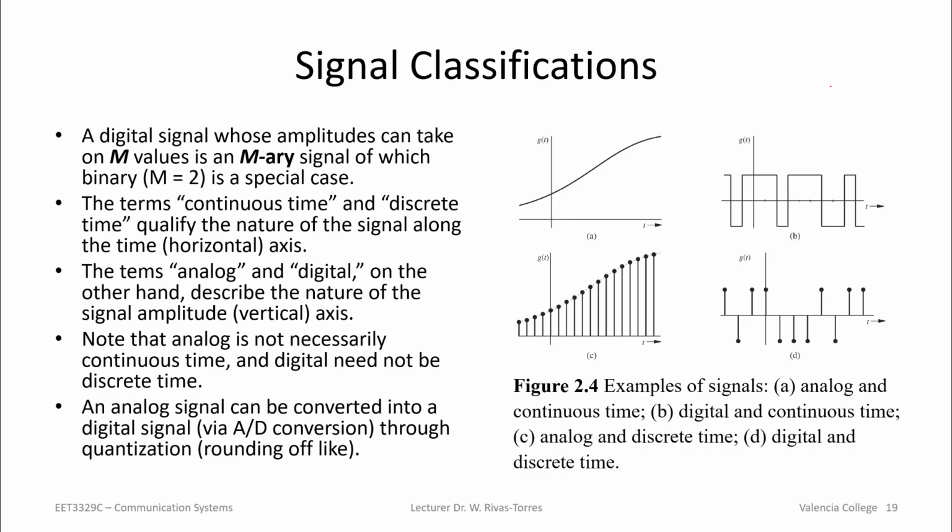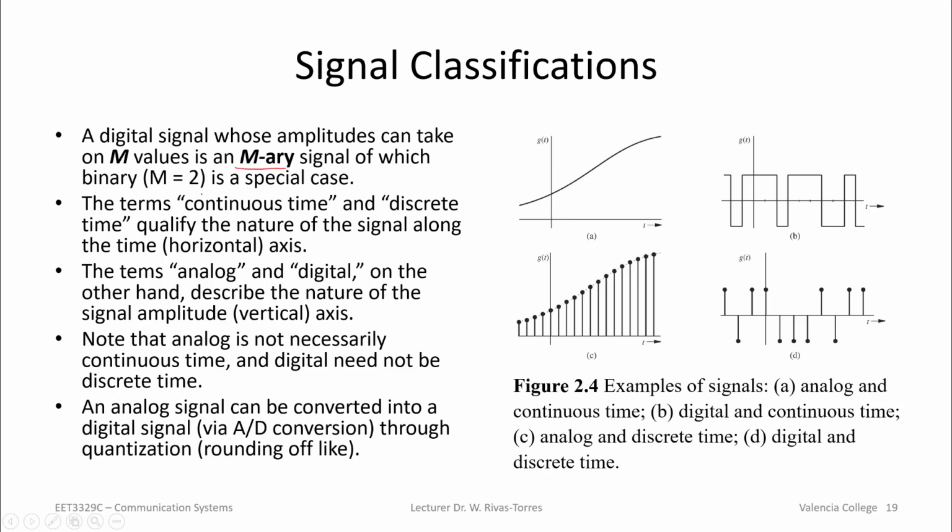Okay, continuing with this talk about signals, we also like to talk about signals beyond just the ones that take on the two levels, right? We actually like to talk about M values, and you'll hear me throughout the course frequently talking about these M-ary signals.